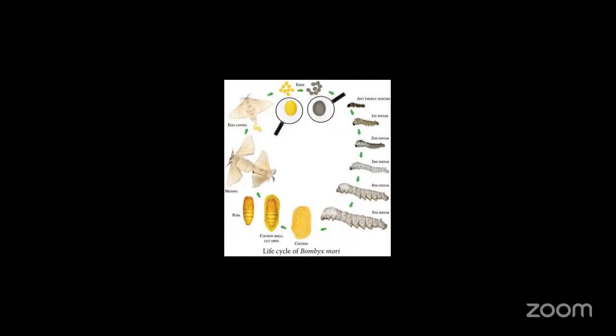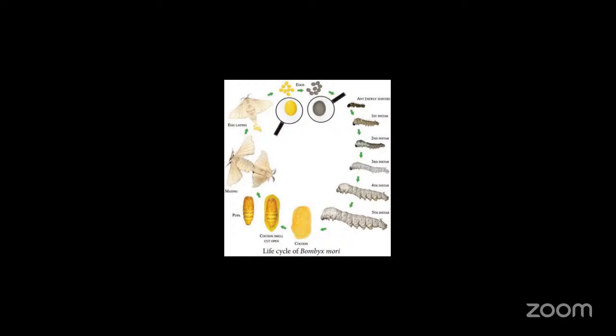Scientists have classified the silkworms into three categories. One is multivoltine. It has more than two life cycles per year. Multi means more than two. Mulberry and tassar in central and south India act as multivoltine.